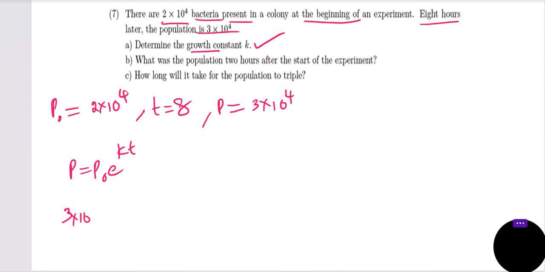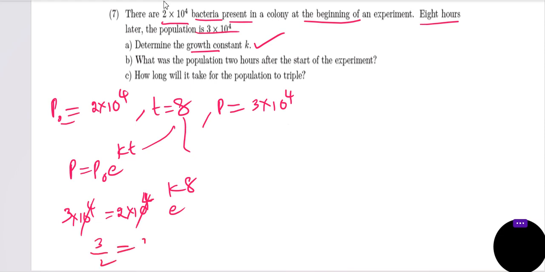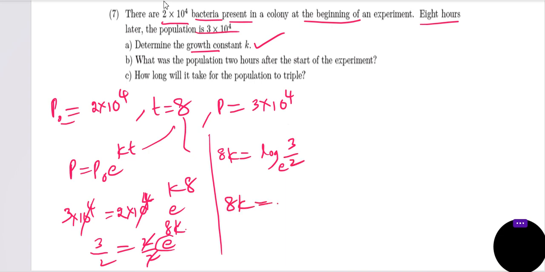So substitute 3 into 10 power 4, P naught is 2 into 10 power 4, this one, e power k not known but time t is 8. So 2 cancels, so divide by 2. So we have to find the power k, 8k. Power is log, base is e, other side is 3 over 2. So power is ln 1.5. Why? Log to the base e is ln.